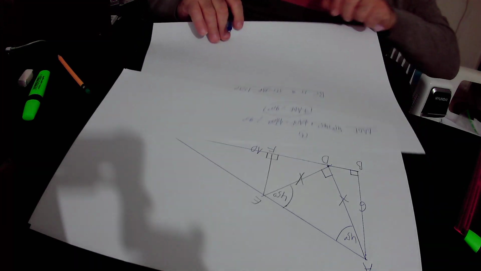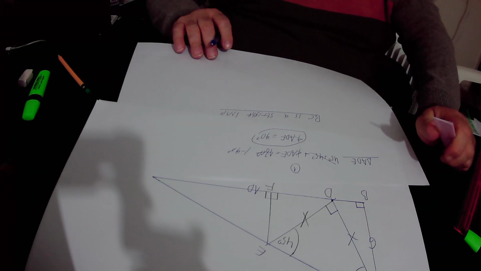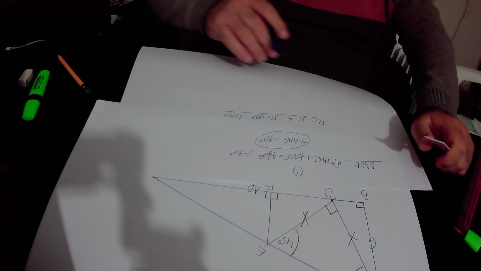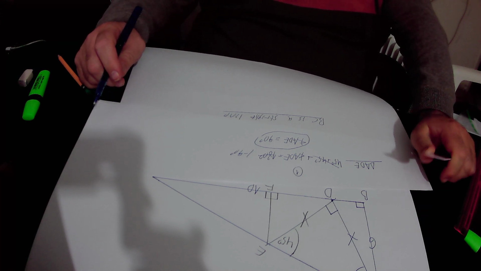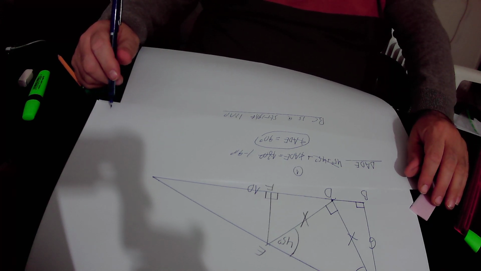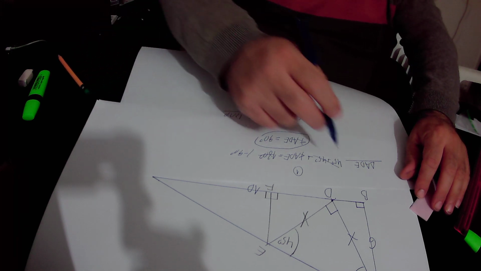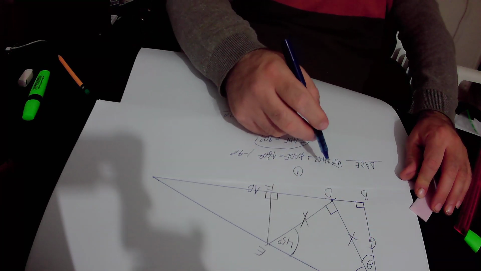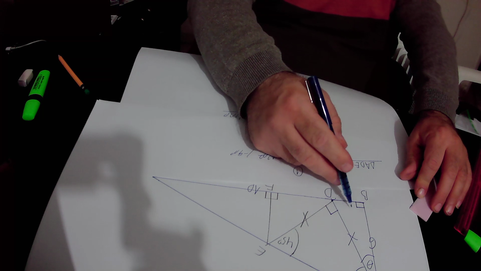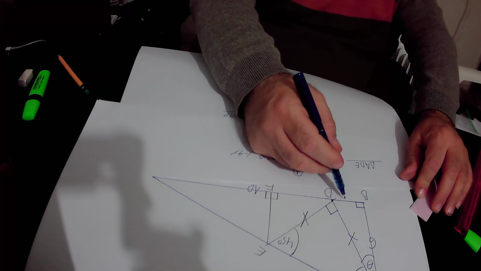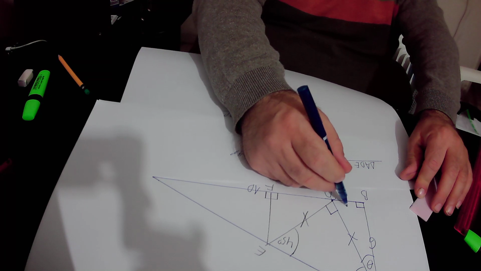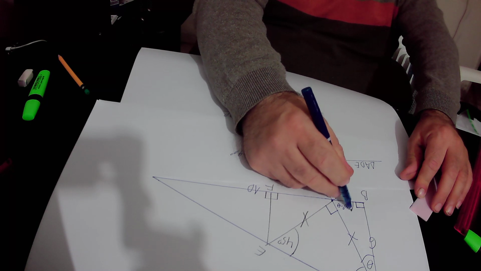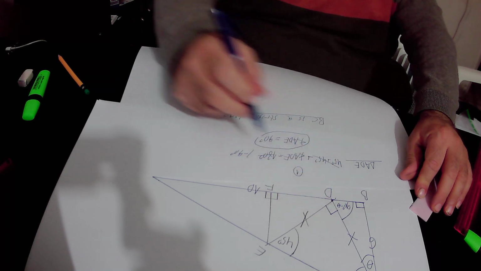And we know that BC is a straight line. So if we define angle BAD as theta, then triangle ABD is a right triangle, therefore angle BDA must be equal to 90 degrees minus theta. This is very simple, I will not explain it.